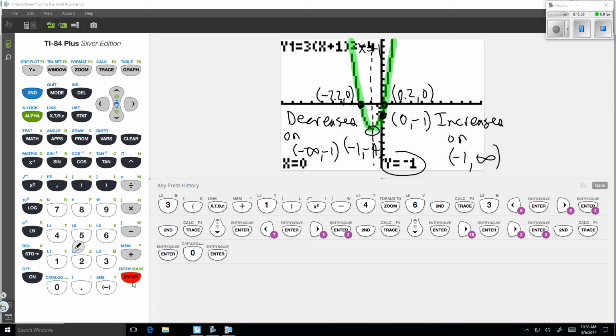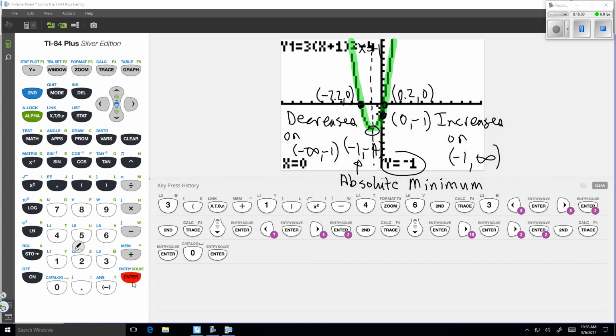Then it has that absolute minimum. Absolute means there's no other y value smaller than this y value. For this particular type of graph, that's going to be the case. And then we have all the intercepts, the x and y intercepts. That's typically the kind of complete graph that you want to portray.